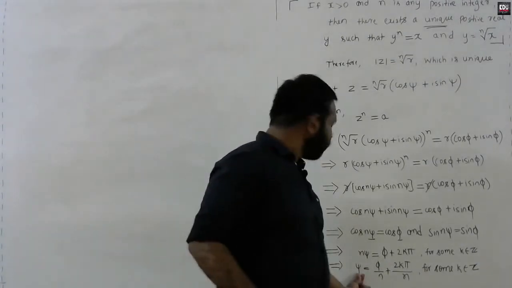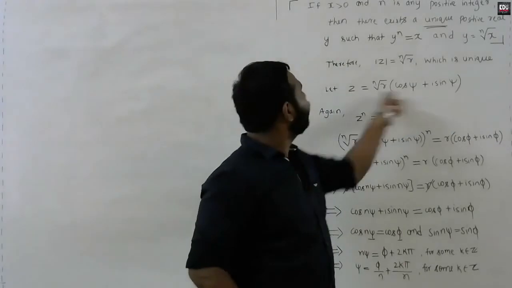Now, so we got the psi value, that is the argument value of z. So just substitute that.